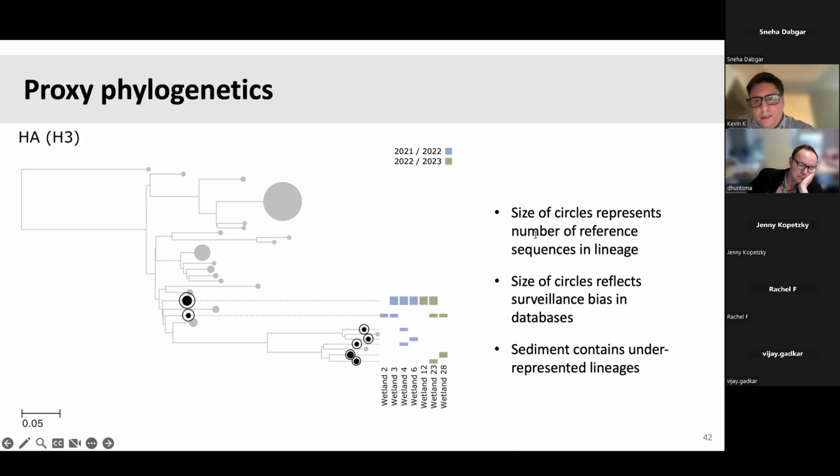So the fact that some of our detections include small circles, like lineages with small circles, it's really telling us that sediment surveillance is probably detecting H3 lineages that are underrepresented by current surveillance methods.